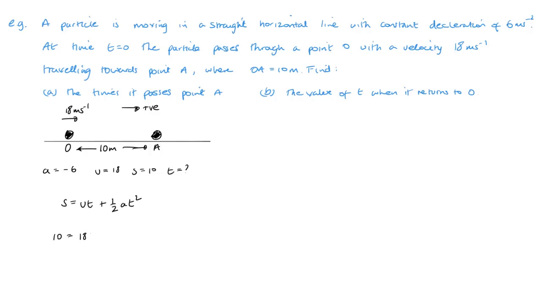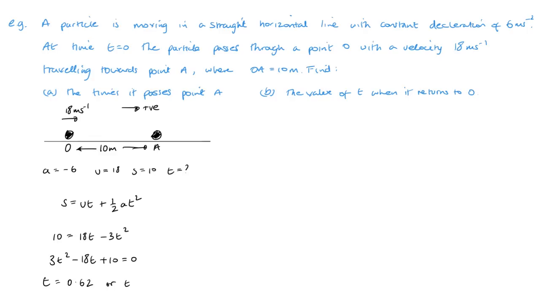So that is 18t. Now a half a is minus 6, so that'll be minus 3t squared. So that gives me 3t squared minus 18t plus 10 equals 0. And then solving that, at this point I'm just using my calculator, but of course you shouldn't just use your calculator.